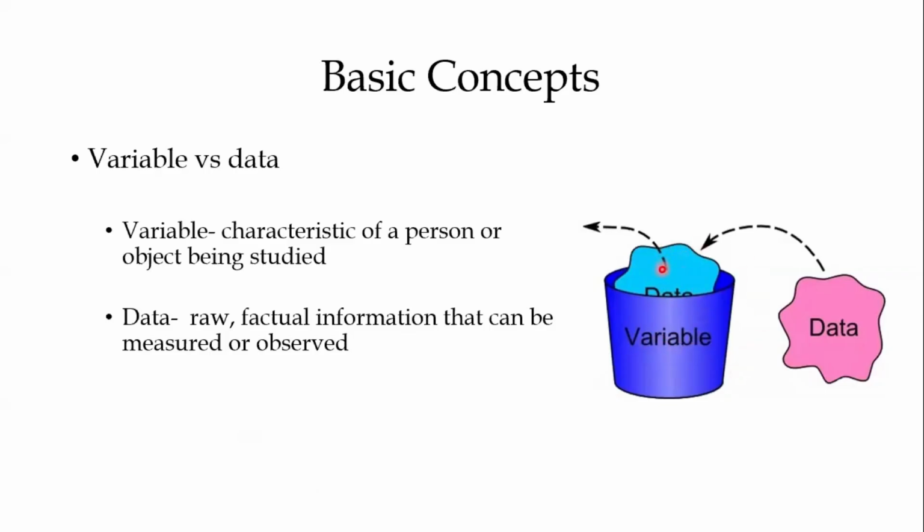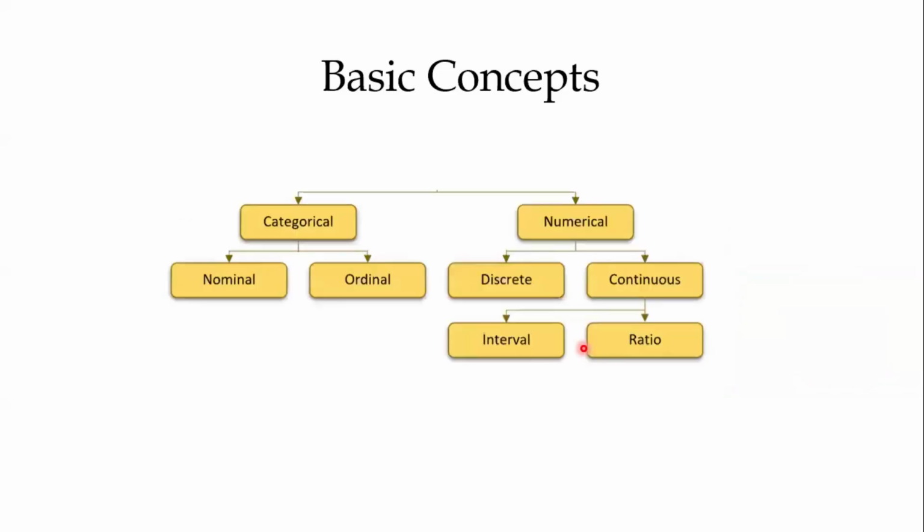But within this characteristic, what is the actual or factual information that is contained there? So if this variable, the container here, is age, then the data will be the number within this variable, for example.